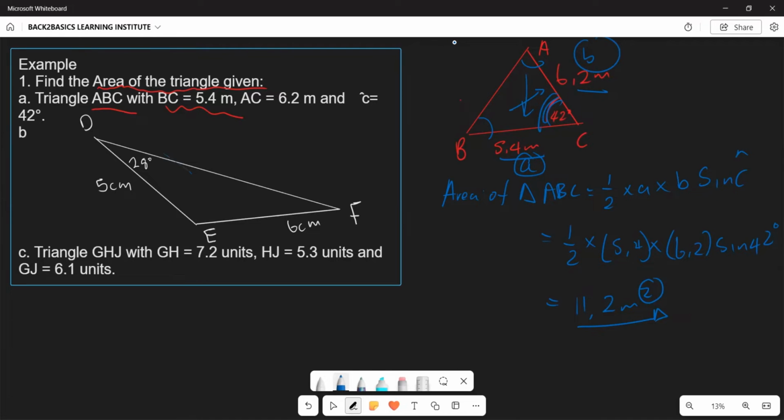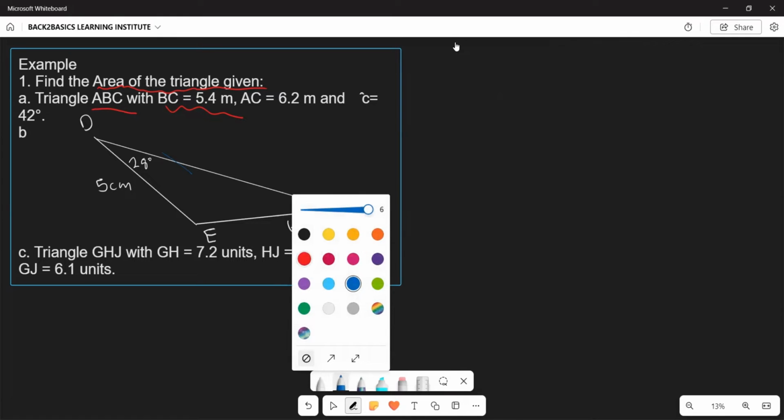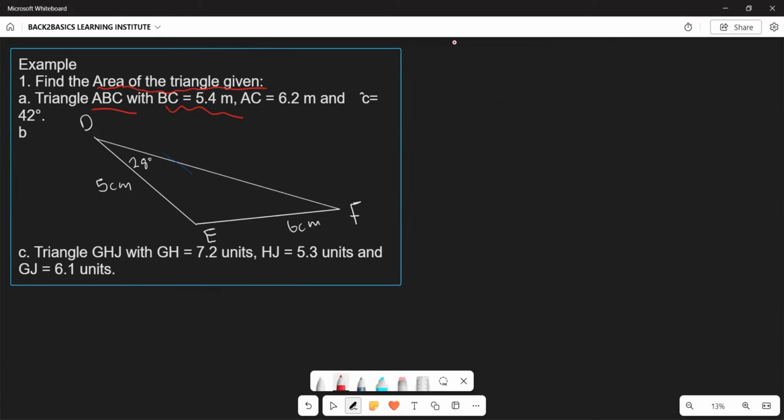Now, let's continue and look at our number B. What is it that you are given here? They say you need to find the area again. The question is still about finding the area, right? Before we find the area, we need to ensure that B meets the criteria for calculating the area of this particular triangle. In this case, we need to find the area of triangle DEF.